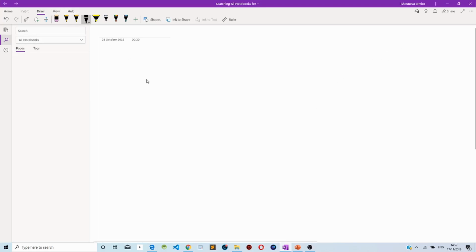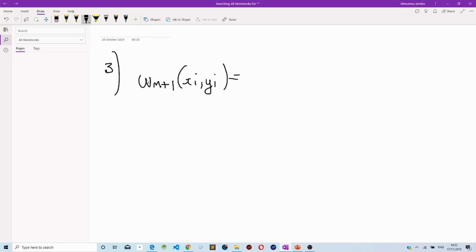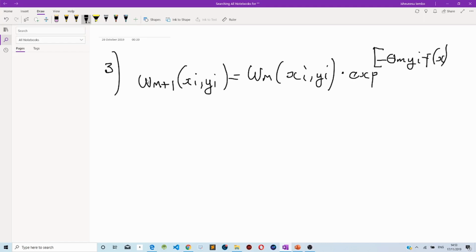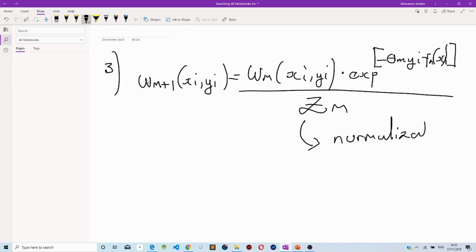We take the previous weight, multiply by the exponential of negative theta m times y i times f m of x i, and then we divide this by Z m, where Z m is a normalization factor.